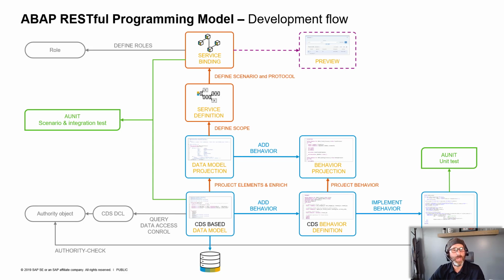Okay, that's what we're doing at that projection and consumption layer. And then on top of that, we see the service definition, where then we expose the entities of our projection or consumption layer. Instead of exposing directly our monolithic business object layer, we are only exposing our projection or consumption layer. And then on top of our service definition, again, we have that service binding, which leads us to our preview.